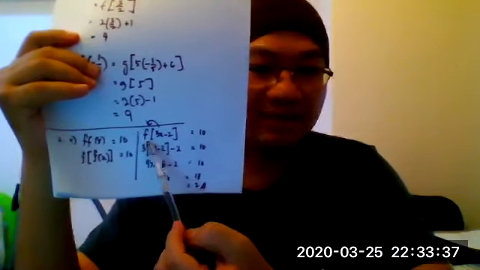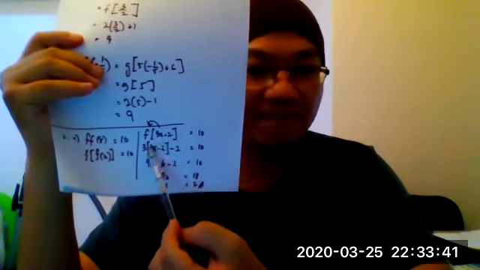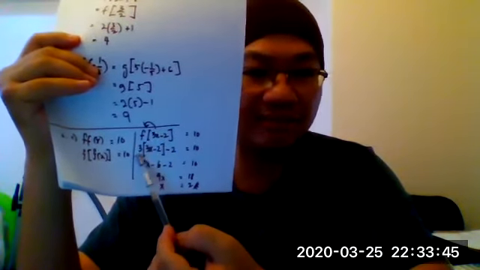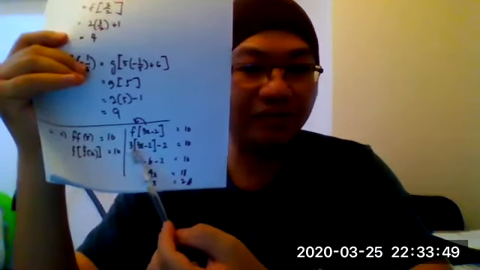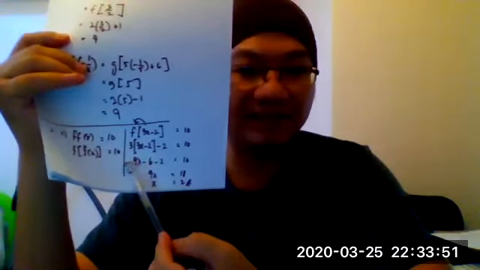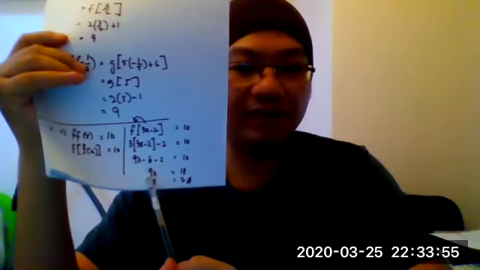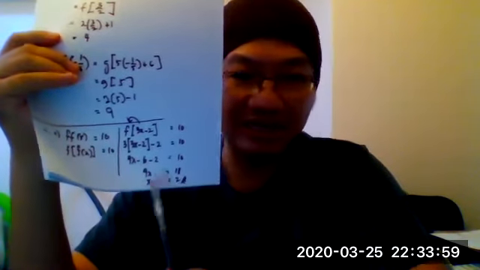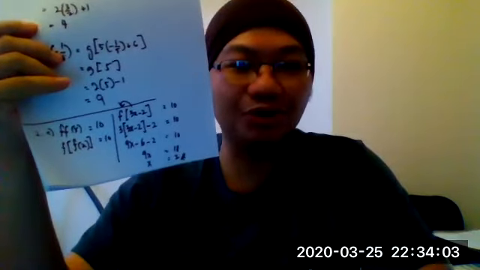That means the letter x inside this f, we replace with this whole thing inside this big bracket. So like this equals to 10. Expand the 3 inside the bracket, it becomes 9x minus 6 minus 2 equals to 10. So simplify the equation, 18x equals to 2. So the answer from Chin is correct, x equals 2.